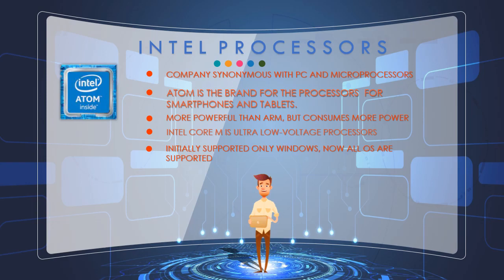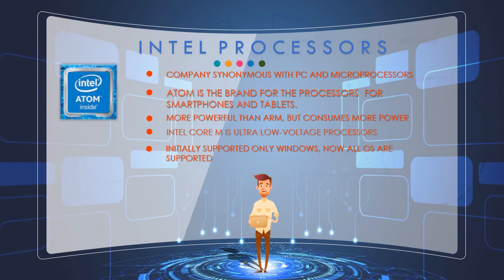You know that there is a Windows operating system for smartphones also. Initially Intel processors only supported the Windows operating system, but usually all other operating systems are supported by Intel processors now. Intel Core M processors offer a 40% boost in CPU and graphics performance compared to other processors.